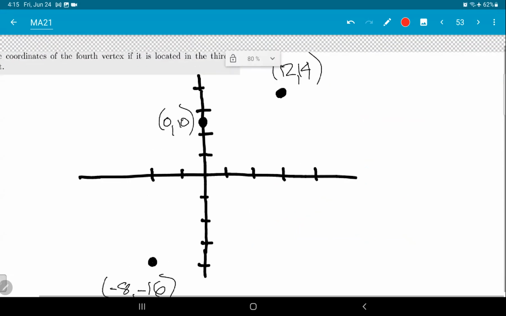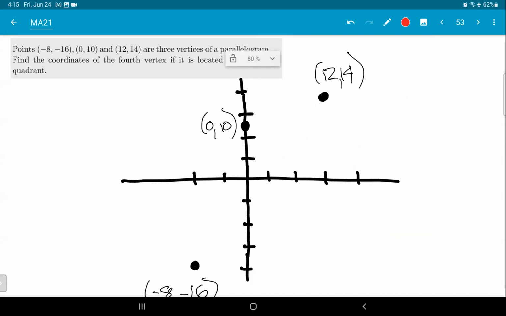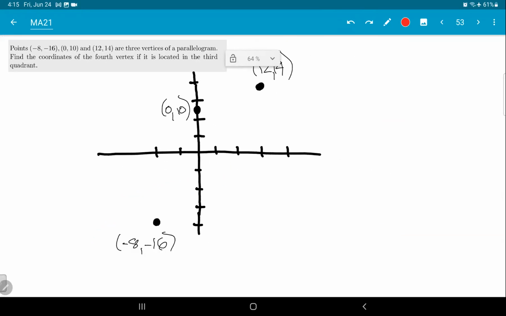But we are told that it's located in the third quadrant. Saan yung third quadrant? Ito yung quadrant 1, quadrant 2, quadrant 3, quadrant 4. So dito siya. How do we draw it? Relative to -8, -16. Nasa northwest ba? Northeast, southeast?